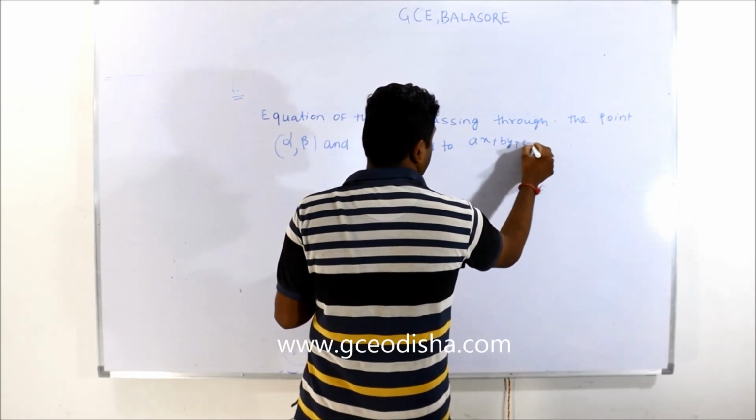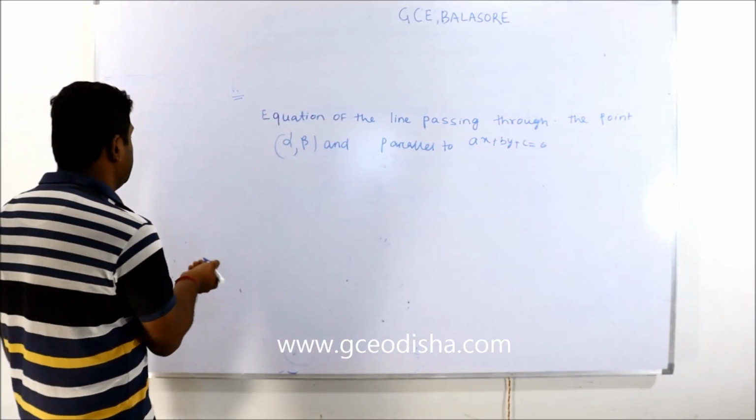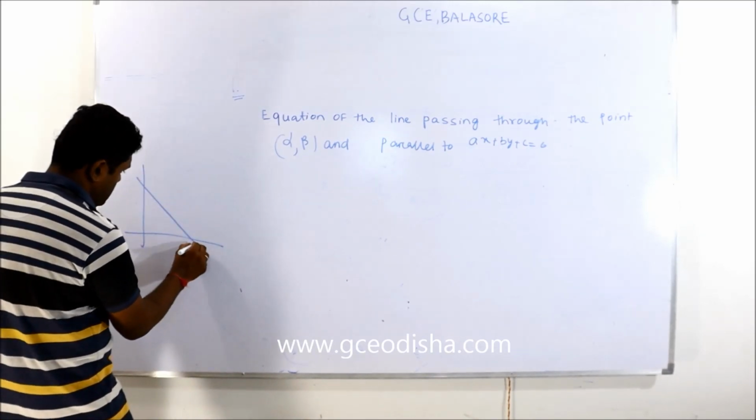Let's take the line as Ax plus By plus C is equal to 0. Find the equation of the line like this. Okay.